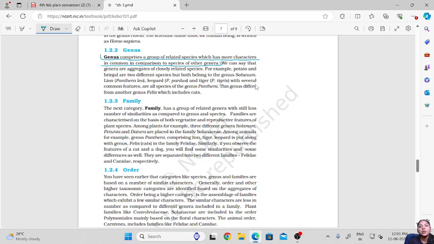For example, potato and brinjal. These are two different species, but both of them belong to the genus Solanum. So the genus Solanum will have both brinjal and potato grouped under it. Similarly we have Panthera leo, Panthera pardus and Panthera tigris, with several common features, all species of genus Panthera.